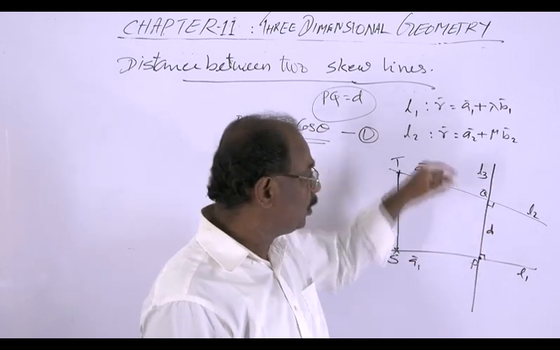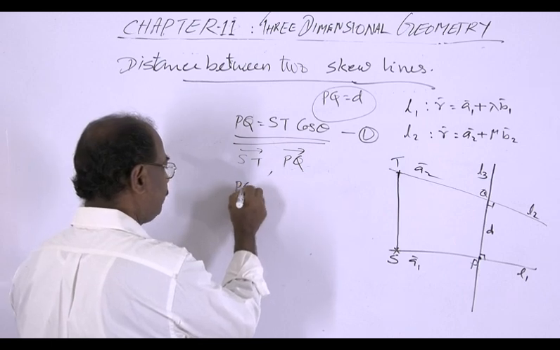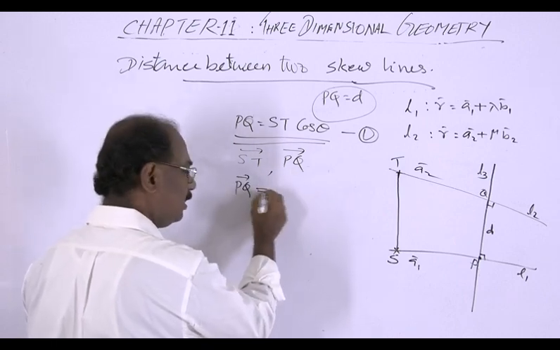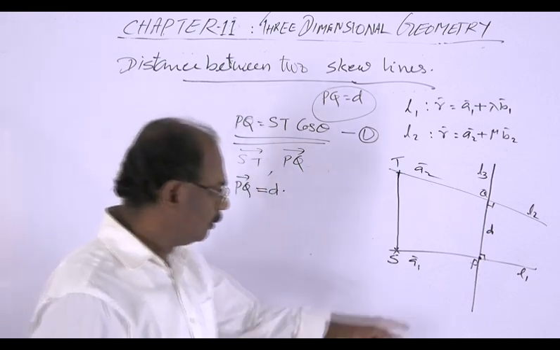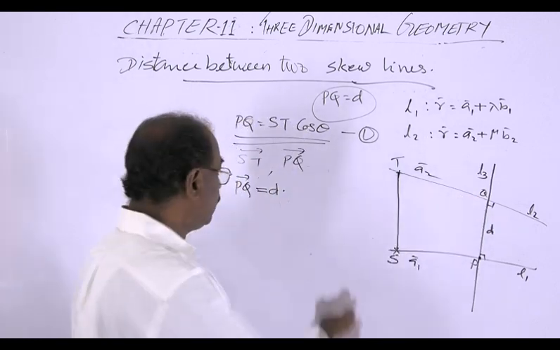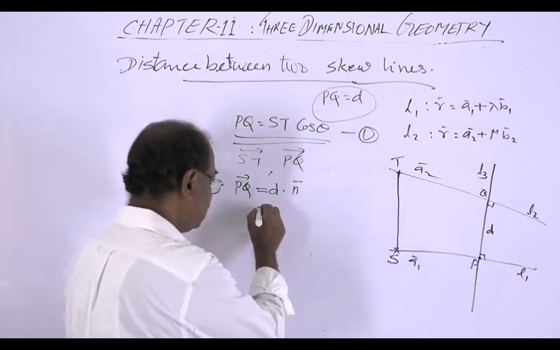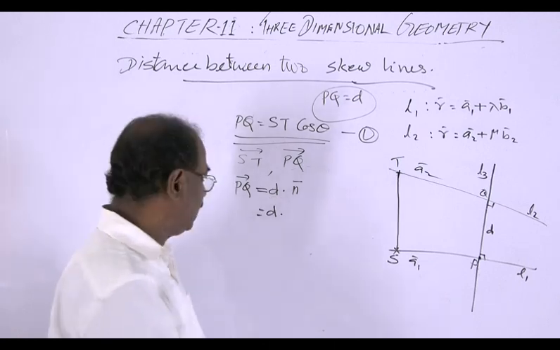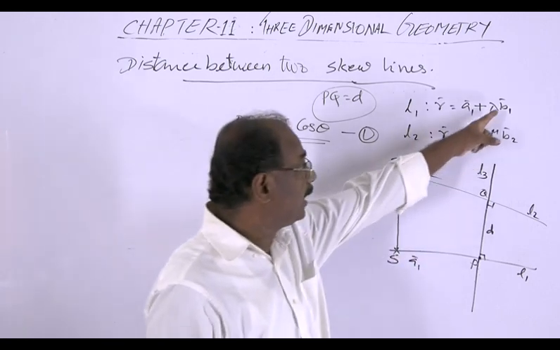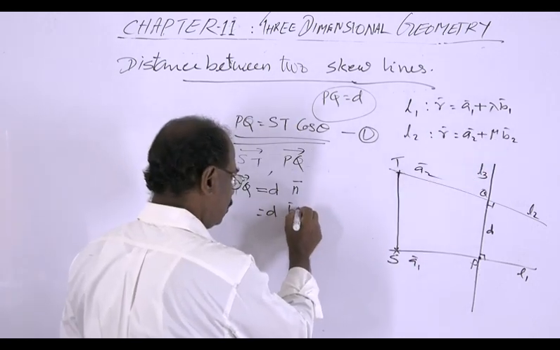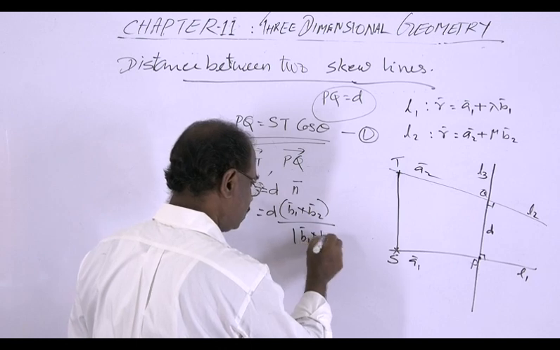Therefore, if we can find the unit vector perpendicular to both B1 and B2, then vector PQ will be magnitude d into the unit vector N. That is, PQ = d N. N is the unit vector which can be obtained by B1 cross B2 divided by modulus of B1 cross B2.